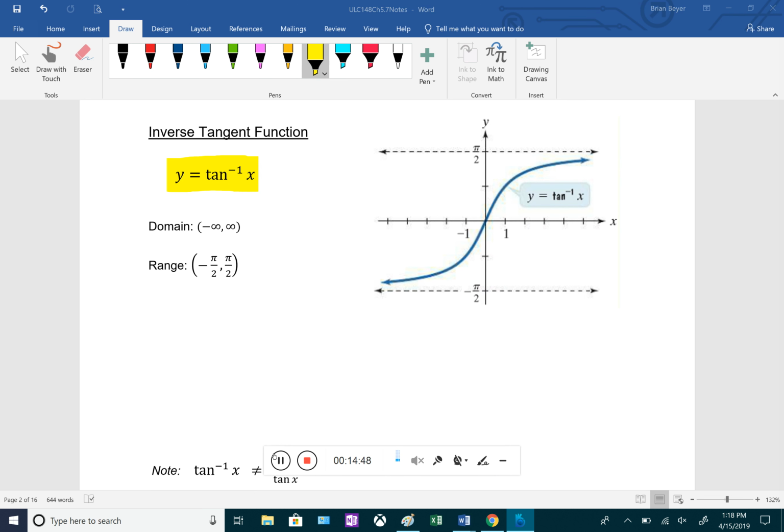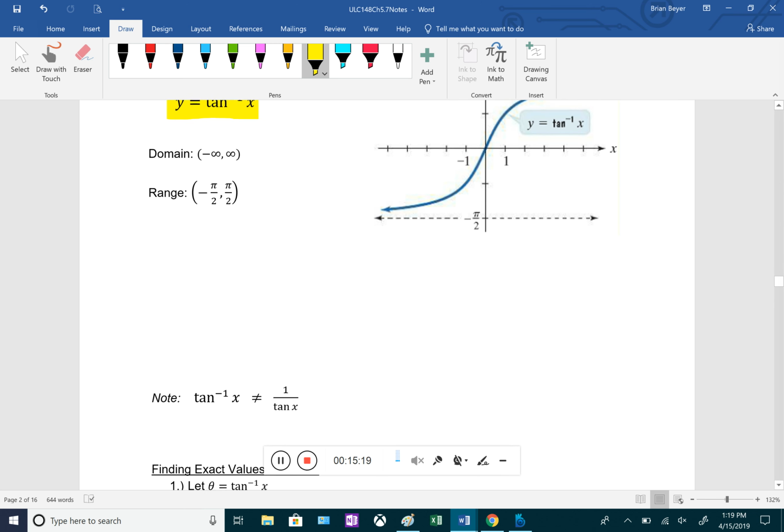We had vertical asymptotes for tangent at negative pi over 2 and pi over 2. That means there's horizontal asymptotes at negative pi over 2 and positive pi over 2 for its inverse function. And since the range of tangent was negative infinity to infinity over that domain, the domain of tangent inverse is also negative infinity to positive infinity.